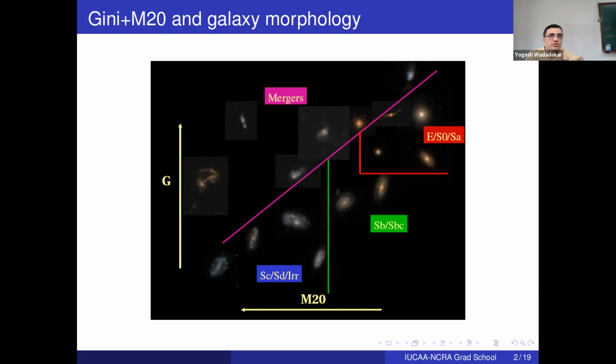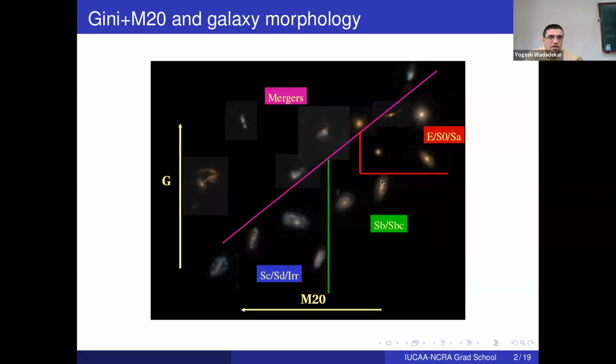A high value of Gini coefficient indicates mergers, and accompanied by a high value of M20 as well. A low value of M20 can still correspond to a merger, provided the Gini coefficient is very high. So these are at the top right corner.